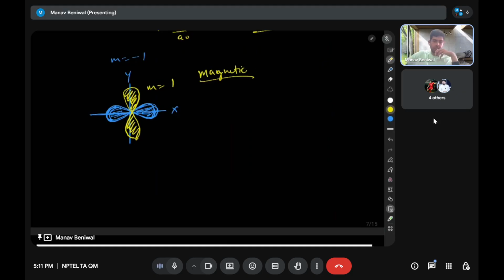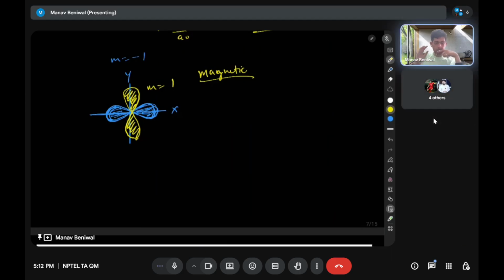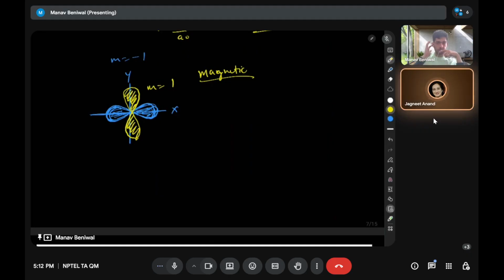Generally, when we apply a magnetic field, we consider the field applied along the z direction, so we give it some special treatment. You can say the field is applied along the x direction, and then you can change your values of m accordingly. Otherwise, if there is no external magnetic field, they are basically the same.